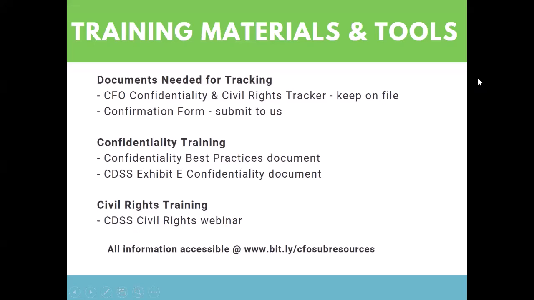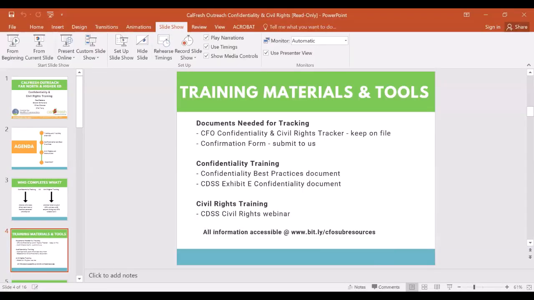So let's see. If you are following along on the website, if you've clicked on that, what you can do is go down and click on the Confidentiality and Civil Rights Training Resources link. And that's going to show you all the documents that you need to satisfy this requirement.